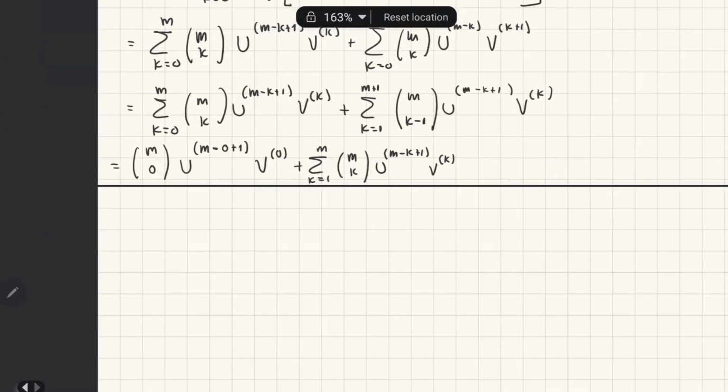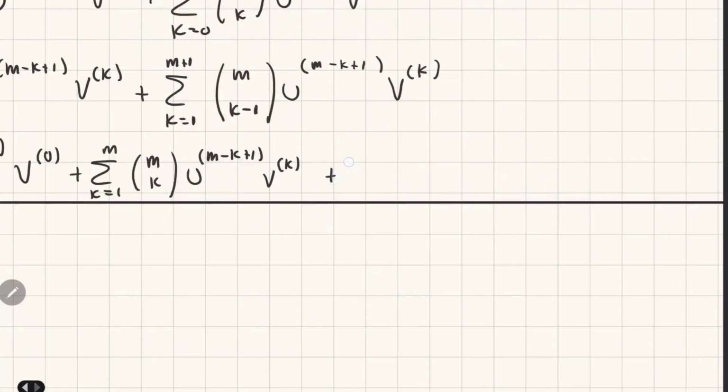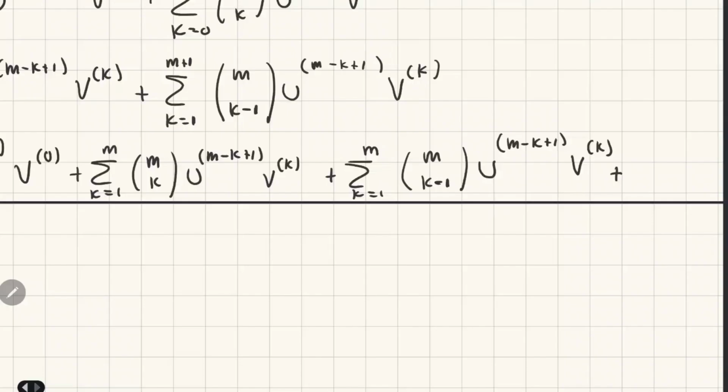And then we will have plus the sum from k equals 1 up to m choose k minus 1, u to the m minus k plus 1, b to the k, and then plus the last element, which corresponds to the m plus 1 term, right? So what is that?